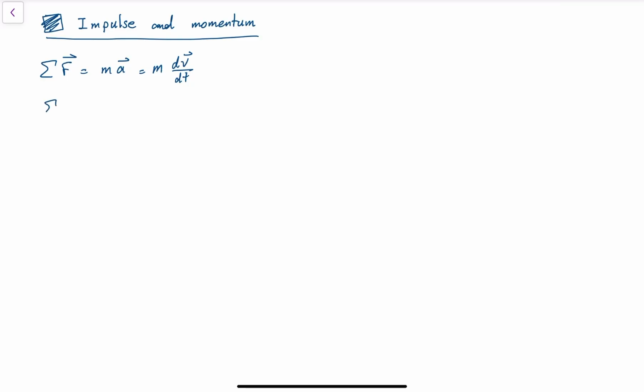I have sum of forces times dt equals m dv. And now I have both sides with some differential term, and I can take integral of this. Sum of forces dt equals integral of m dv.